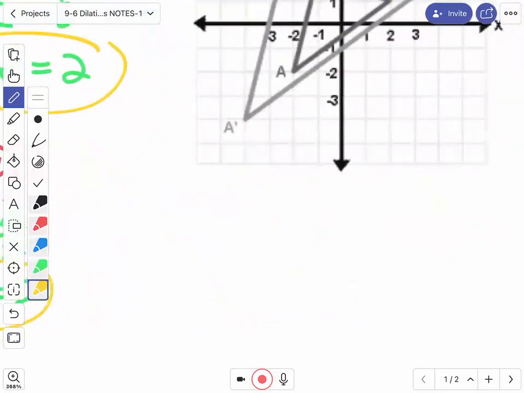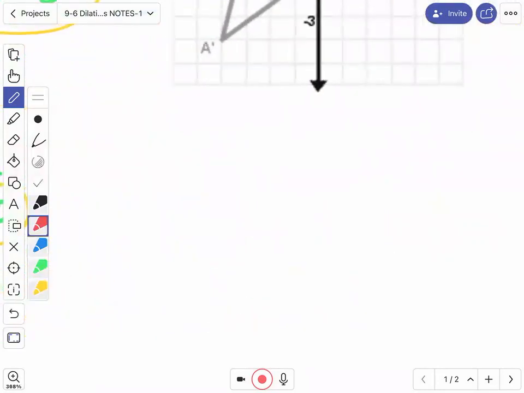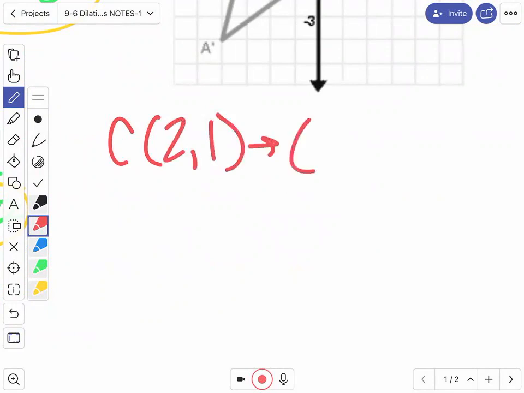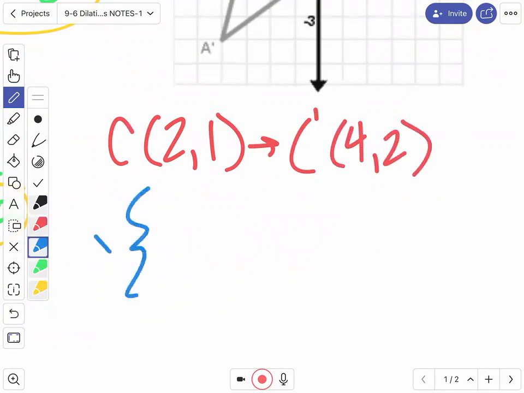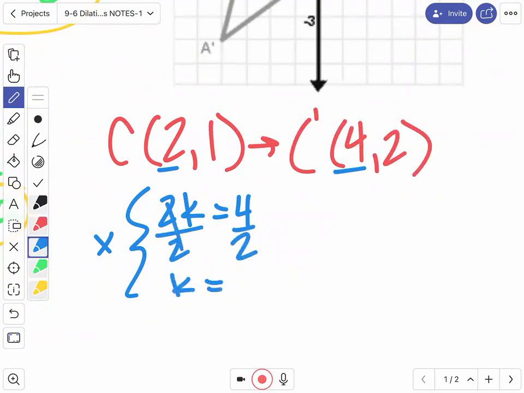Now let's check C, our final point. So original C is at (2, 1), and then C prime is (4, 2). All right, let's start with the x. So 2k is equal to 4. Again, we're starting with those. Divide out your 2, and k is equal to 2.